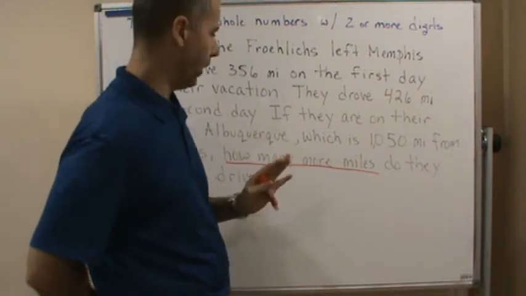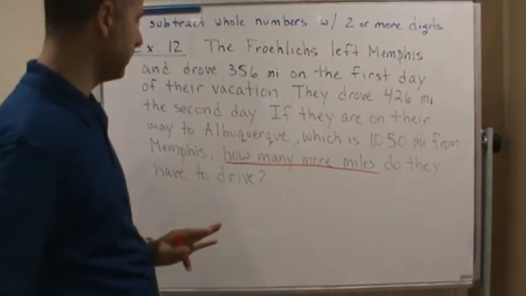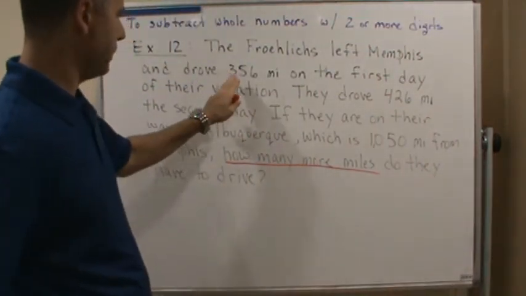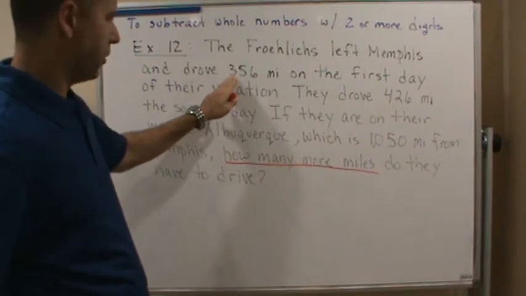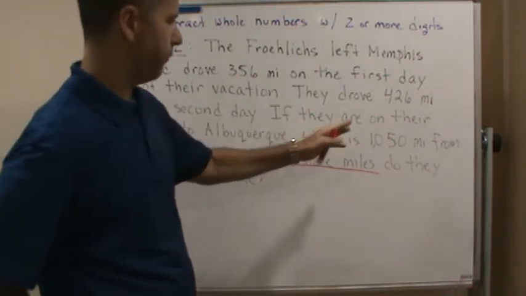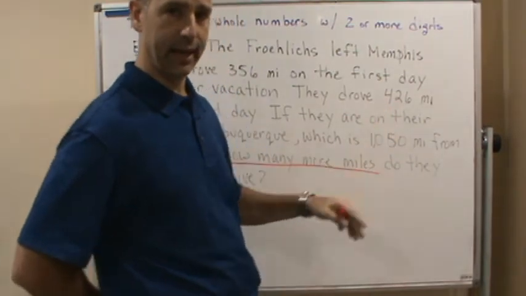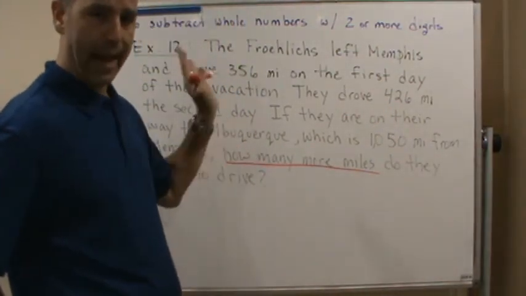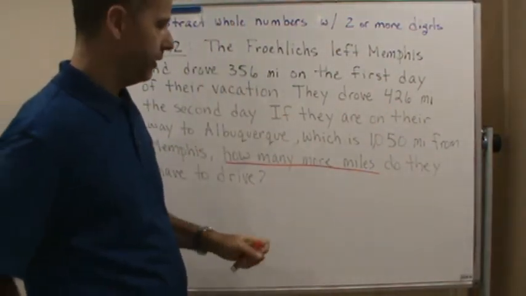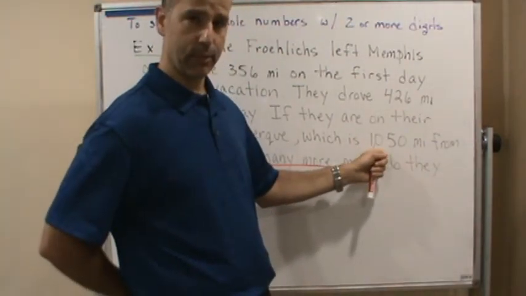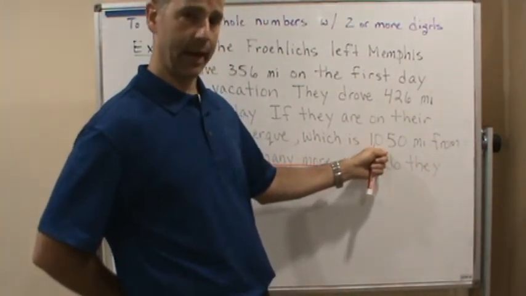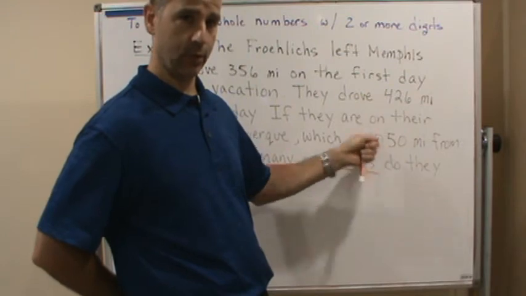But what I think is easier and more intuitive is that if I drove this many miles the first day and then drove another 426 miles the second day, I would probably want to add those up and then subtract from this number to find out how many more miles I have left to drive. Okay, so let's do that.